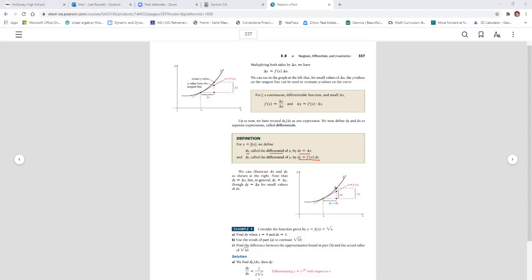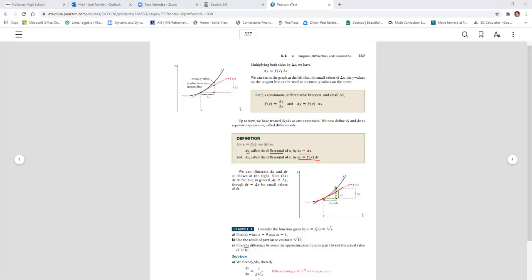And notice that as we move horizontally some increment of x, that's our delta x, which is equal to our differential of x. Notice that we have a vertical drop here. If we were to look at this tangent line to this point, notice how we have a tangent line drawn to this point here. And we said before that the slope of the tangent line is the derivative.